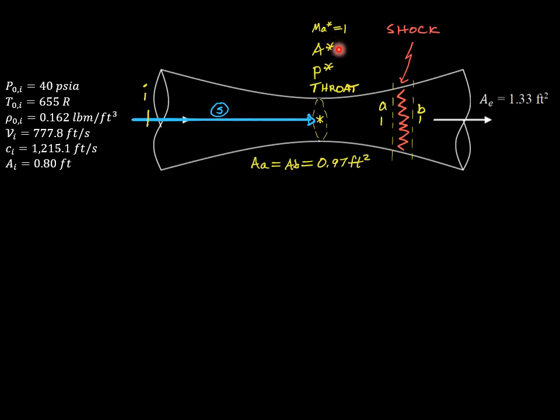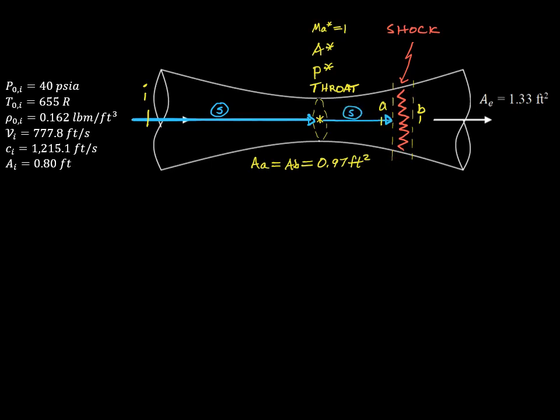Our throat is denoted by that asterisk symbol. So we'll call that the throat. The state of the throat will be denoted by the asterisk. We'll have some area associated with the throat, some particular pressure associated with the throat. At state A and B, again, just a reminder, we're given this area, so it kind of tells us where in the cross section of this nozzle or diverging nozzle the shock occurs.